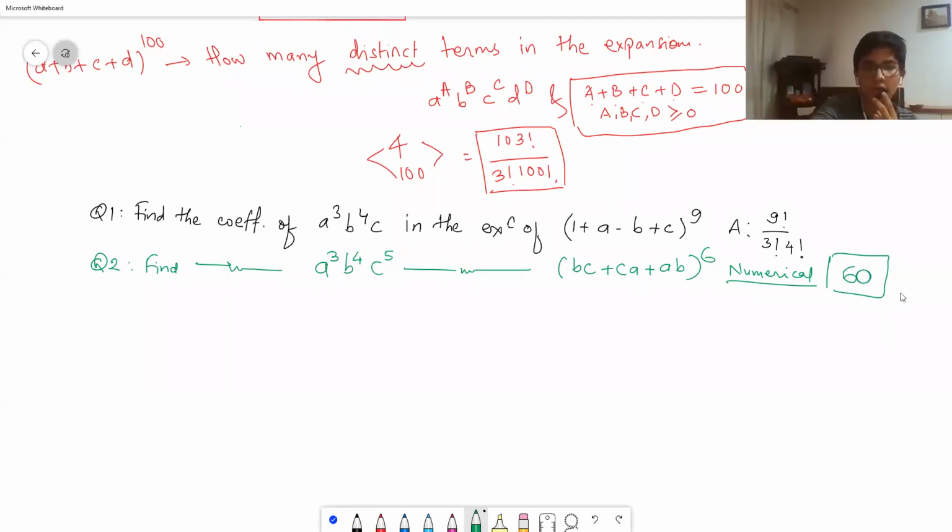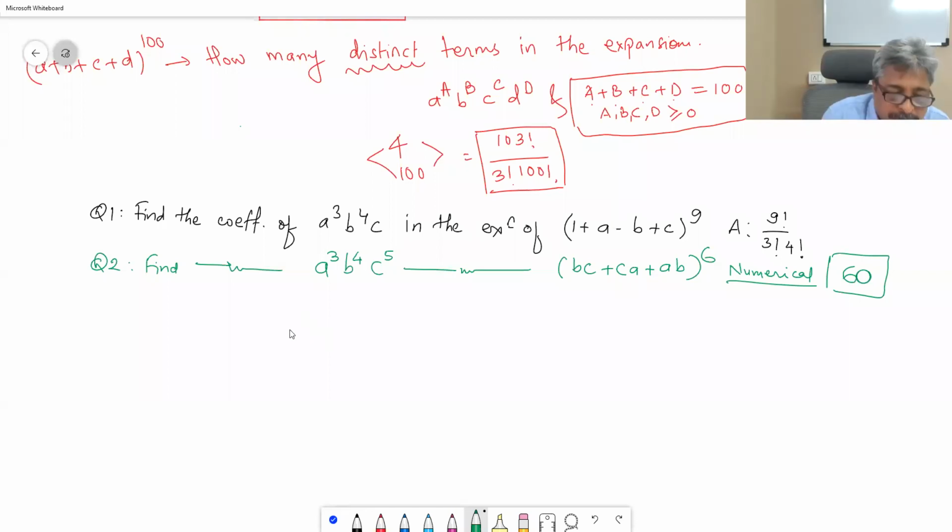Sir, can you tell how? I didn't understand this question. Yes. A cube b fourth c fifth, that is what we want. And it is going to be equal to a raised to n1 plus n2.